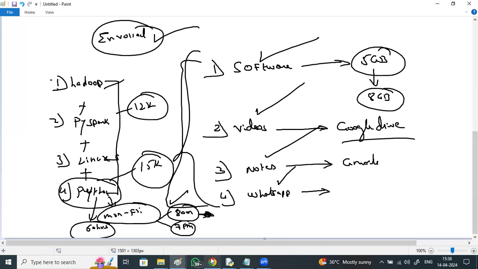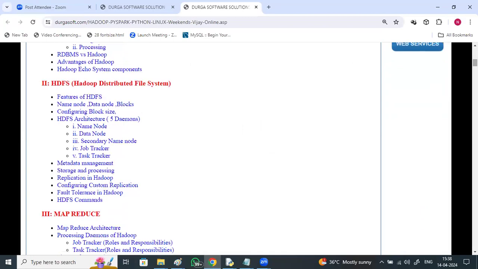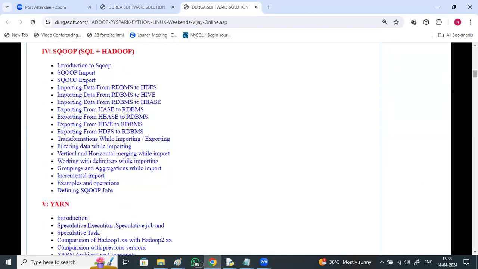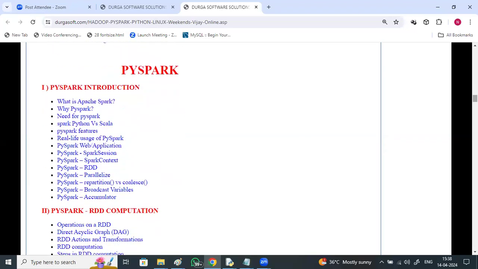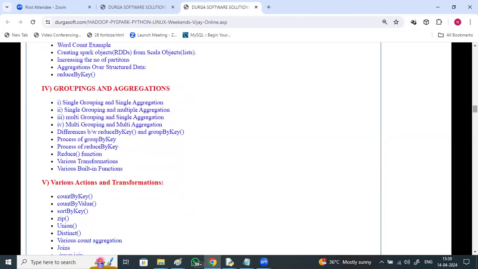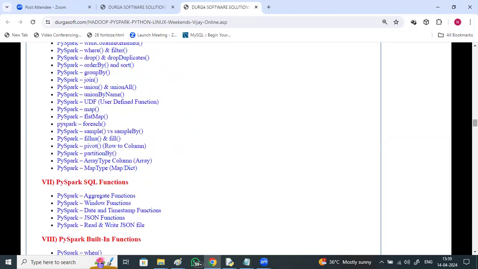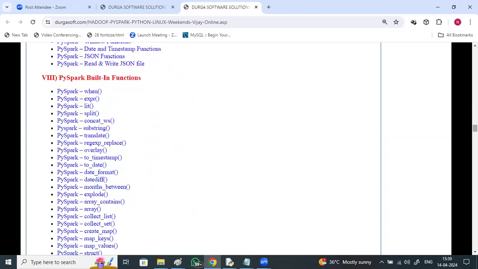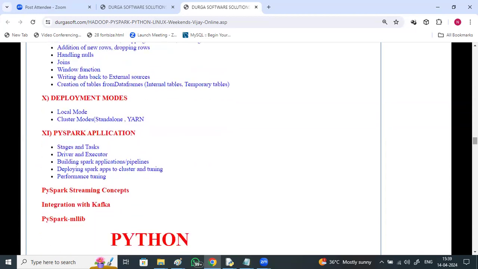And see this, yesterday someone was asking about Python. This is the big data Hadoop course: MapReduce, Sqoop, YARN, NoSQL, HBase, Hive for Hadoop, and PySpark introduction, RDD computations, persistence, aggregations, various actions, transformations, PySpark SQL, PySpark SQL functions, built-in functions, external sources, deployment modes, PySpark applications.